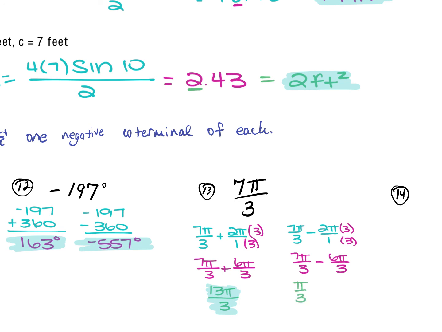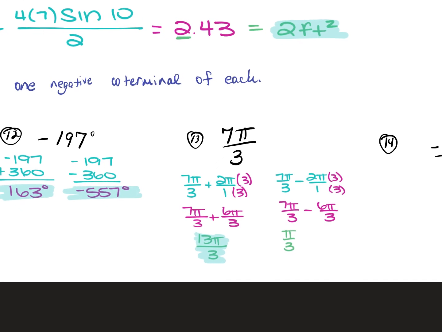So you need to continue to subtract that 6 pi over 3 from it in order to get that negative radian that you're looking for. So you have like denominators here. Subtract your numerators. That gives you negative 5 pi over 3. You have that negative angle. You have that positive. You have both the ones you're looking for.